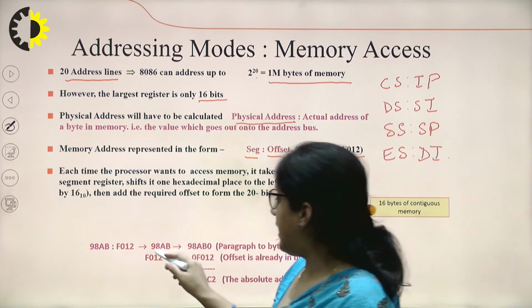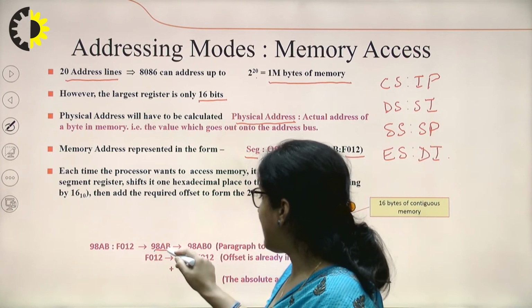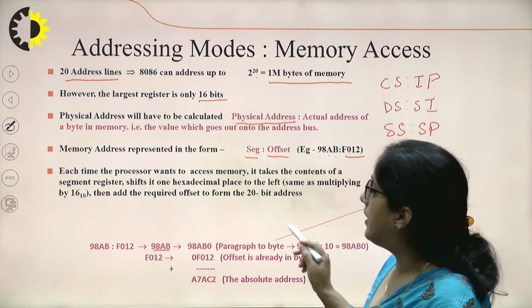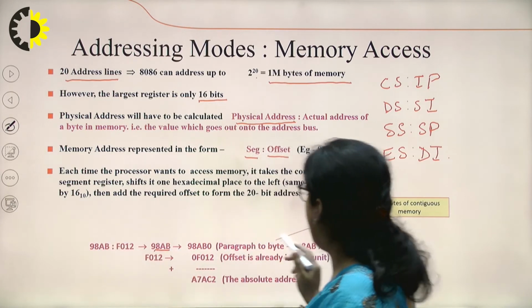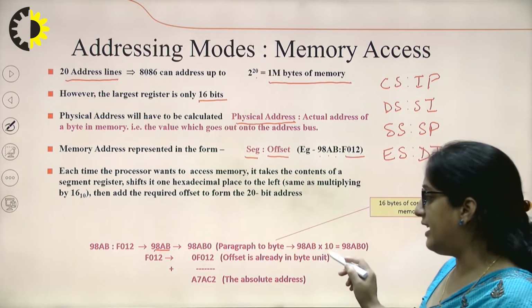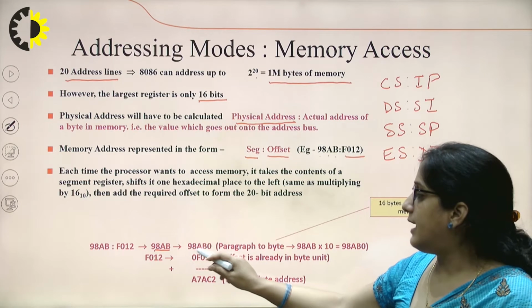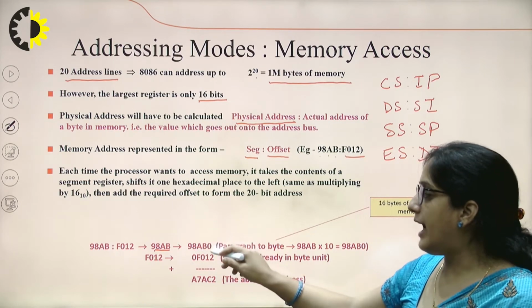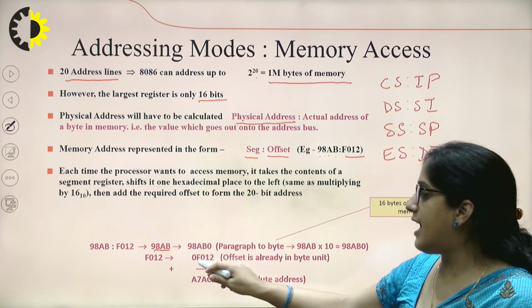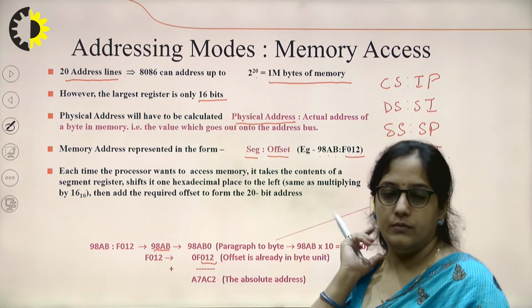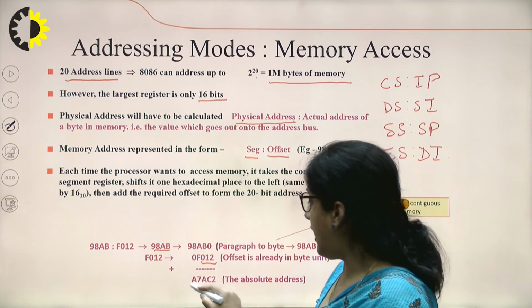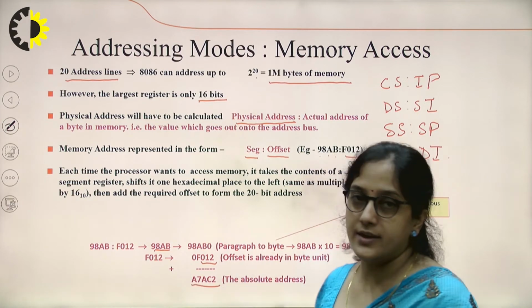This 98AB is multiplied by 10H, or in decimal multiplied by 16, and we get the value 98AB0, and we add the offset address, that is F012, to it, and we get the physical address.